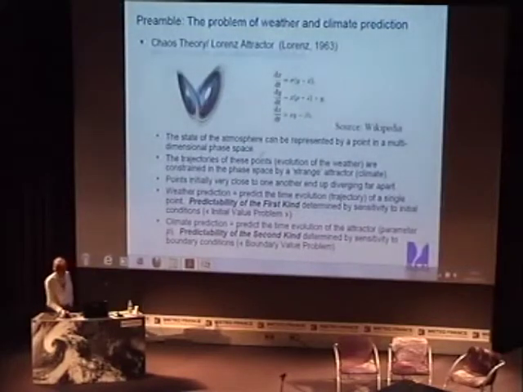So my point is that the individual trajectories will end up diverging far apart from each other. The climate, actually, is this kind of butterfly, this beautiful shape. This is what you want to try and predict using a climate model.